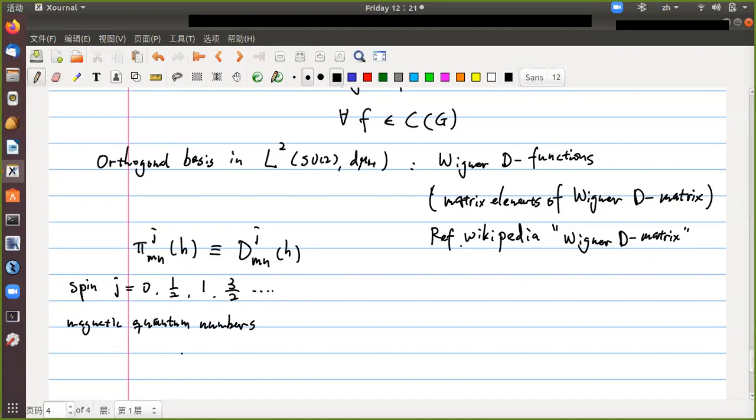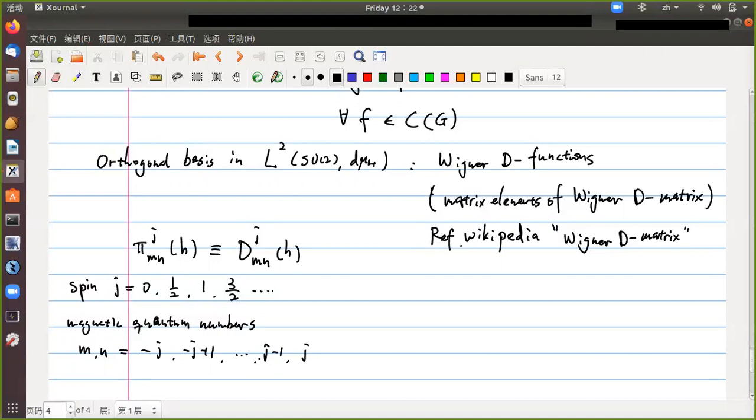They run from minus J, minus J plus 1, up to J minus 1 and J. So they are the standard magnetic quantum numbers.